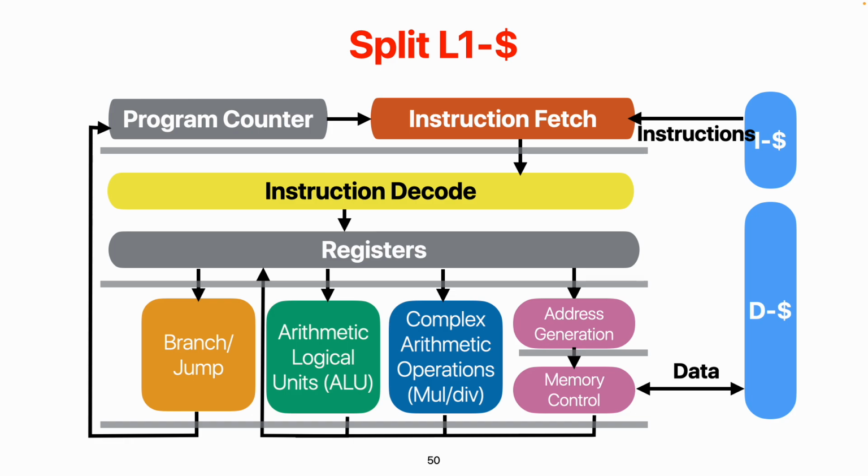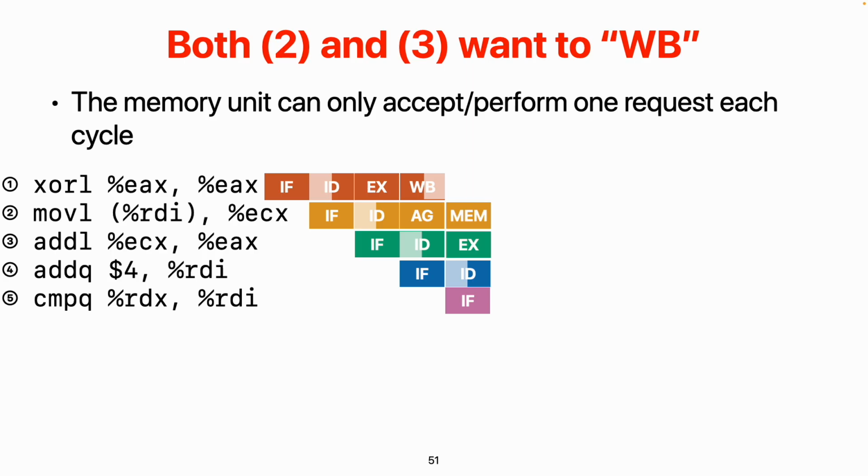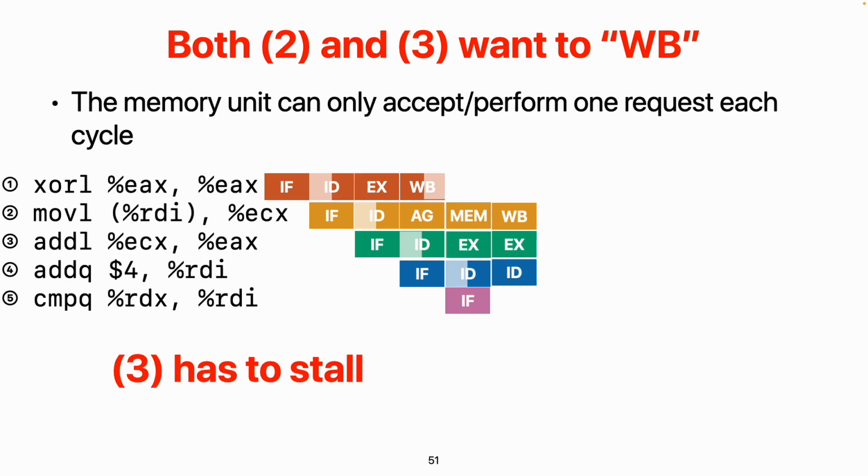Awesome, great discussion. So now, another question we have, right, is I have this problem that this instruction finishes at the write back, and the other instruction also wants to write back at this time, right?